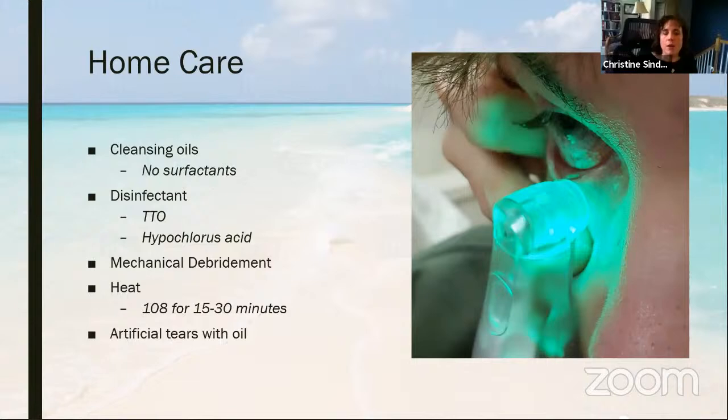So you really need to look at the anatomy. Can it be fixed, or are you just going to have to live with it, right? Once you start to see structural changes, it's much more difficult to manage that patient. So if you can pick up on these changes before you start having those structural changes, that's really where the biggest impact can happen.